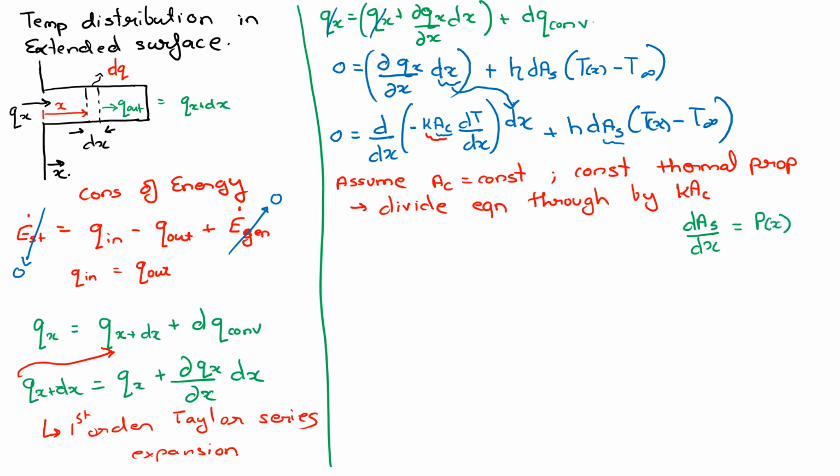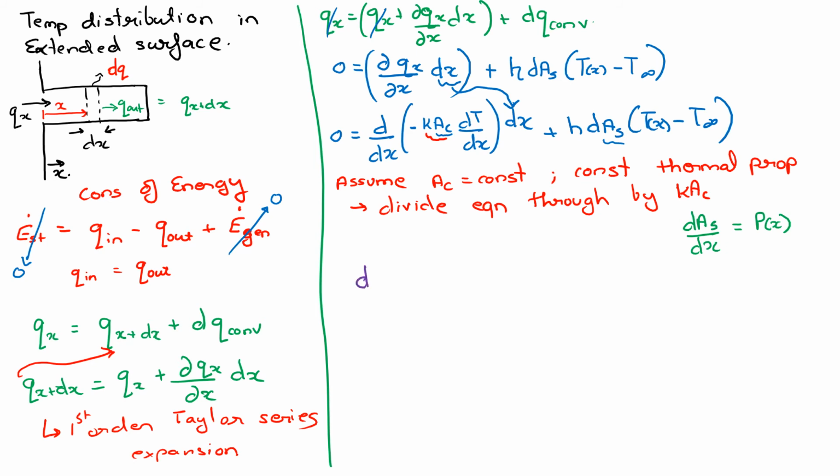So if you divide the surface area by the thickness of that volume, you'll get the perimeter of that control volume at that location.